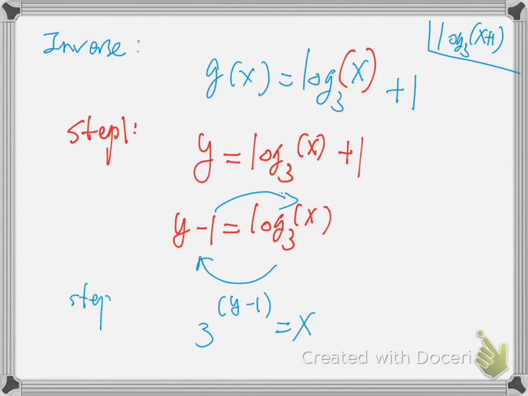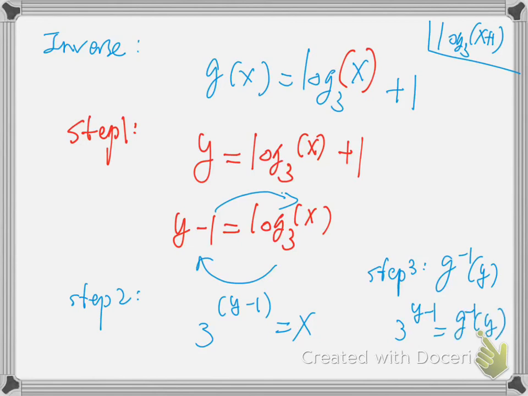Okay, so this is step 2. So step 3, we change x back to g inverse of y. Sorry, here is function g. So 3 to the y minus 1's power is g inverse of y. And then you compare g inverse of y is f. So they are inverse function of each other. Okay, so you can start from g. You also can start from f, so this is solution 2.